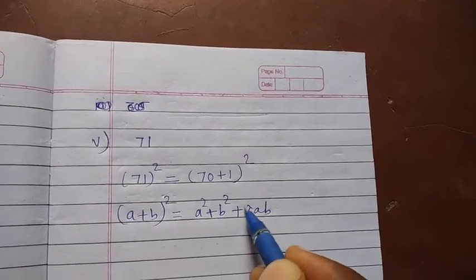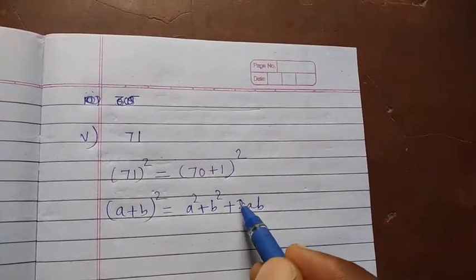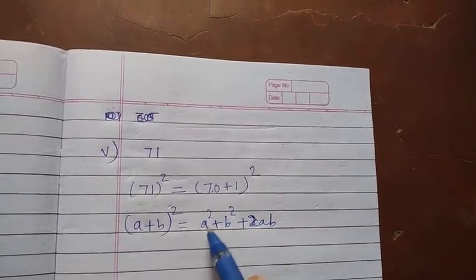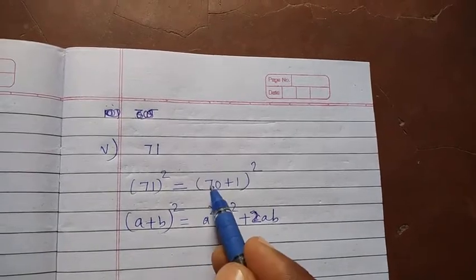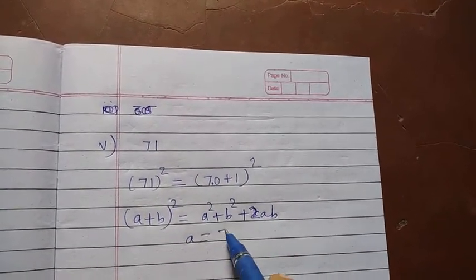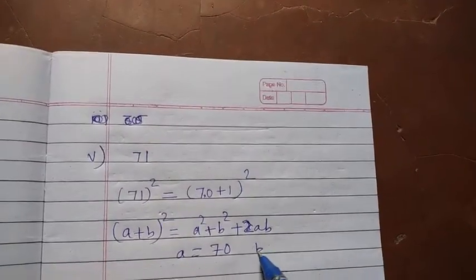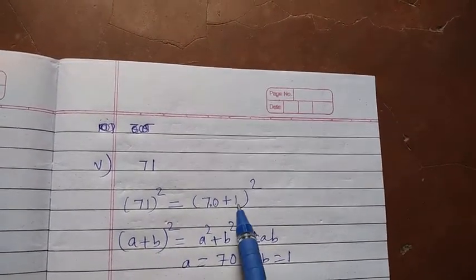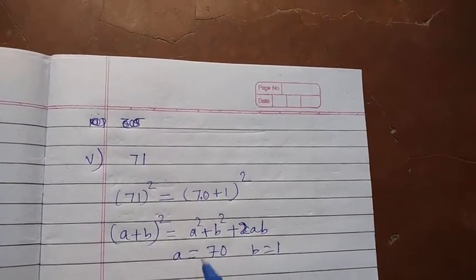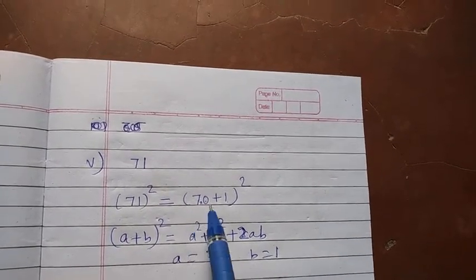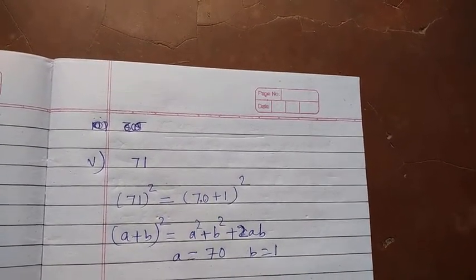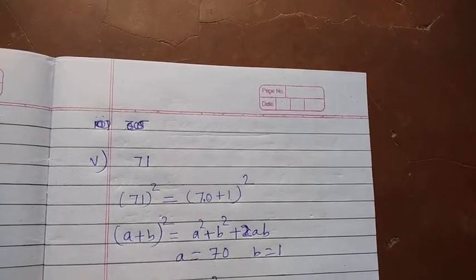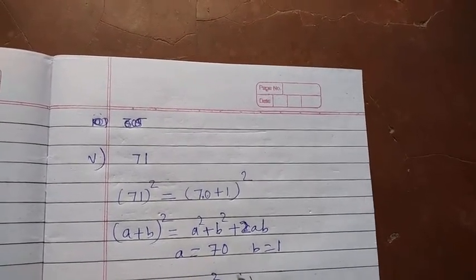So here a means how much? a means 70, and b means how much? b means 1. Next step is that a square means 70 square, and b square means 1 square.